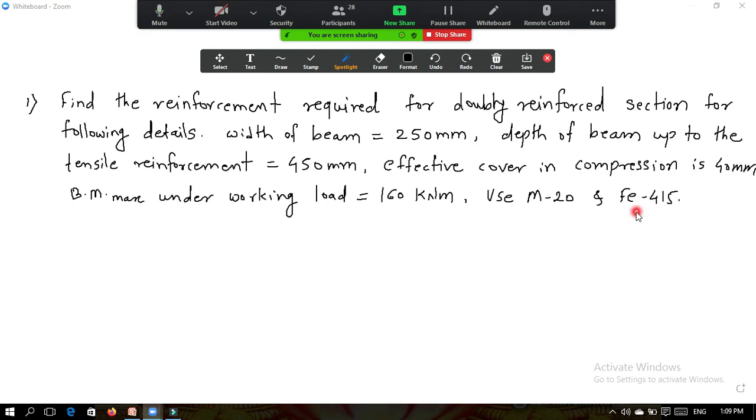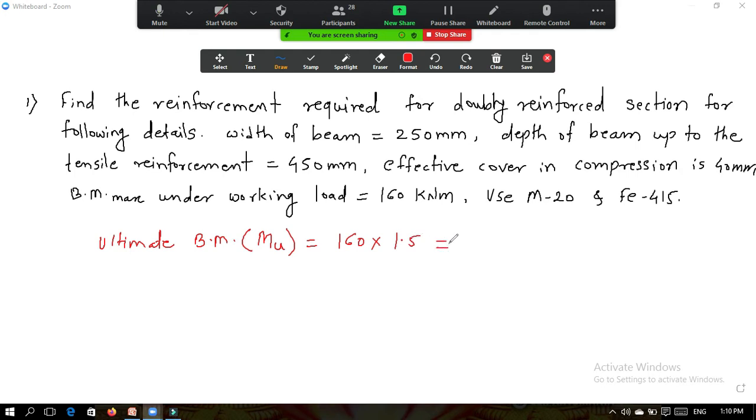Now we will see how to solve this problem. First of all we convert the bending moment under working load into the ultimate bending moment. Ultimate bending moment, which we call Mu, is equal to 160 into 1.5.